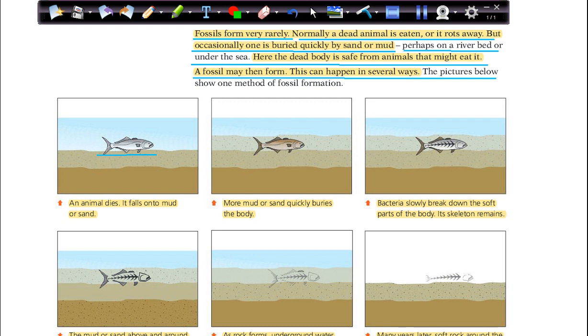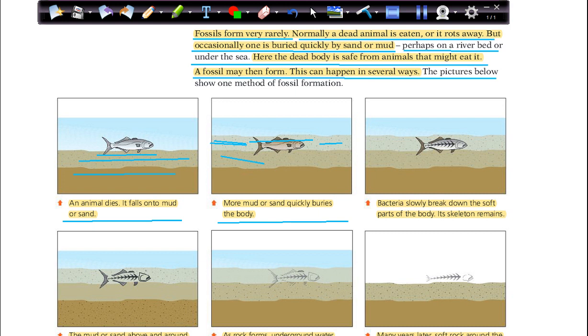So if an animal dies, it falls onto mud or sand. Now the animal is dead here, the fish is dead. Then more mud or sand quickly buries the body. So here we have mud, here sand, and more layers of mud and sand buried this creature.